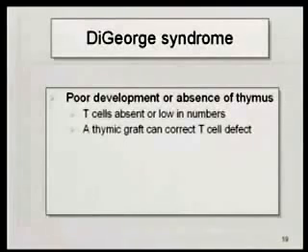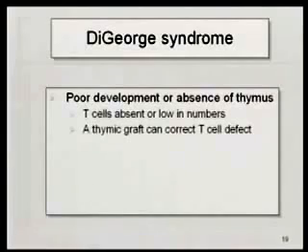But what happens is that during gestation, when the thymus is developing, around the 11th, 12th week of gestation, when the facial features are being formed, the heart is being formed, the parathyroid is being formed, for some reason there is a defective development.